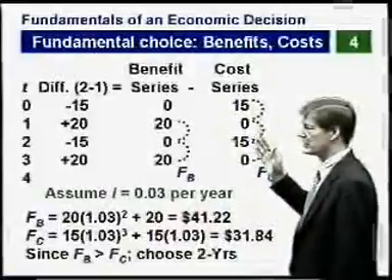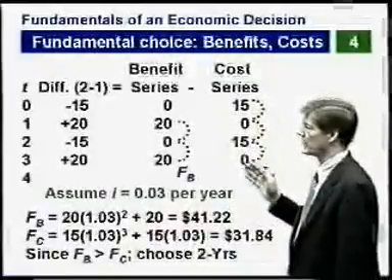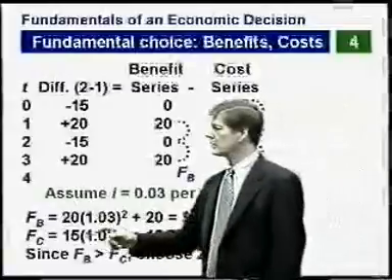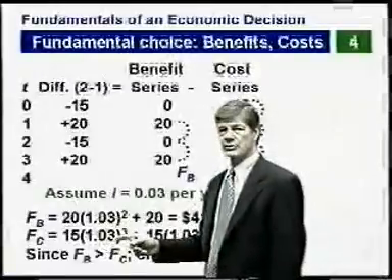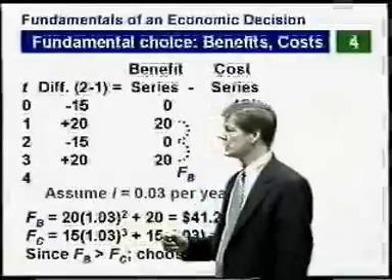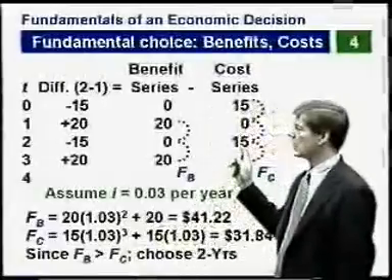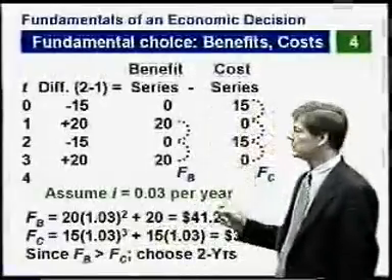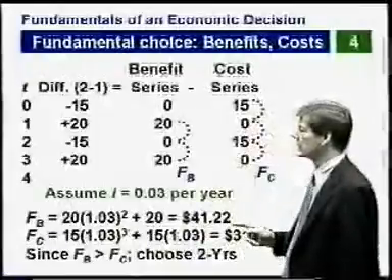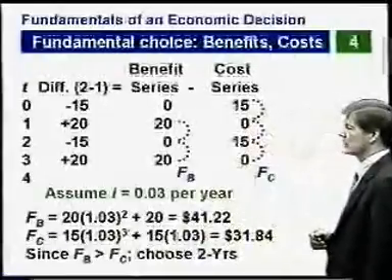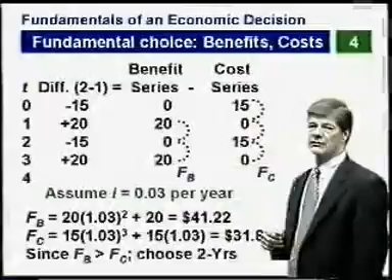Alternatively, we could invest this cash flow stream, and we could write it this way. It'd be $15 compounded forward at 3% per year for 3 years, plus the $15 at time 2, compounded forward 1 period. We do that calculation, and it works out to be $31.84.